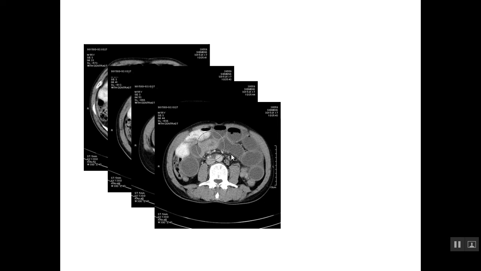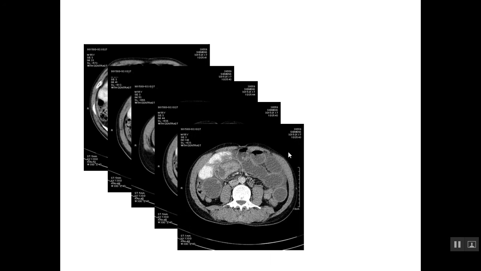And in the next image, the focal point of narrowing of the small bowel loop is here, which has a transition zone between two points of the bowel loop. In coronal view, it may be better to detect this transition zone. Here is another axial image, and here is the focal point of obstruction.